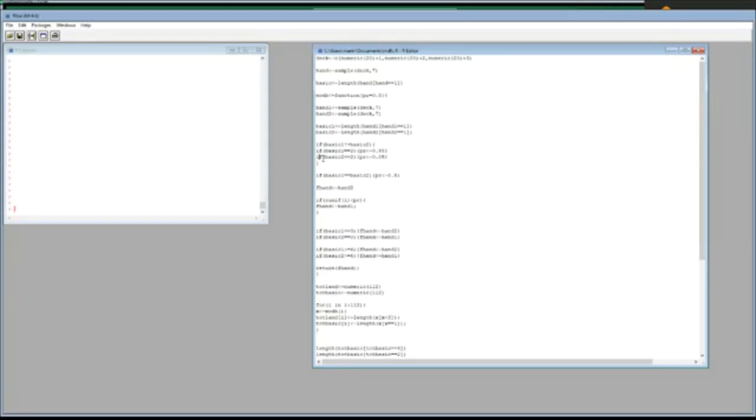So at first, I gave it 2 to 1 odds, meaning that a hand that has 2 lands is twice as likely to be selected as a hand that does not have 2 lands. So that's where I started.